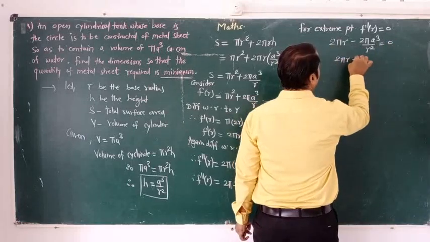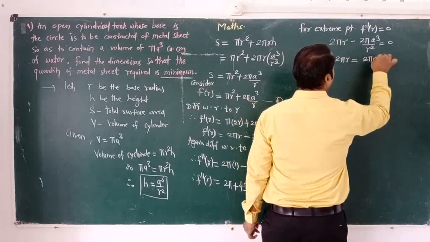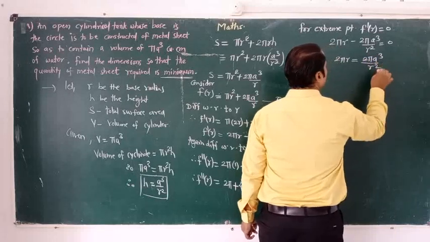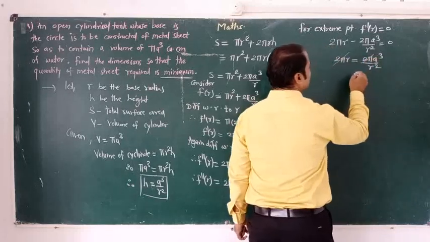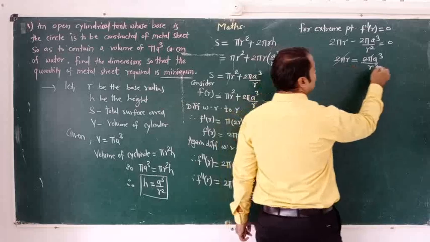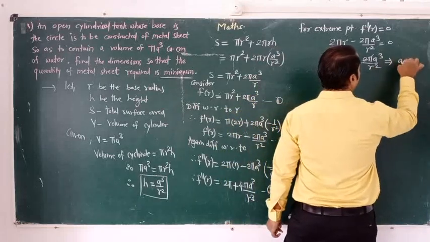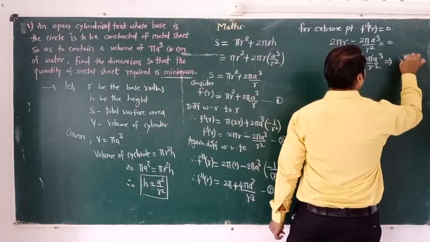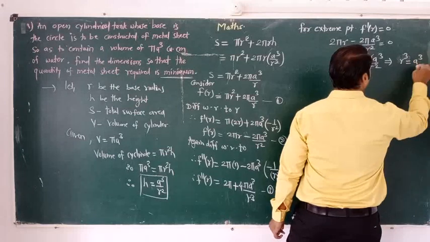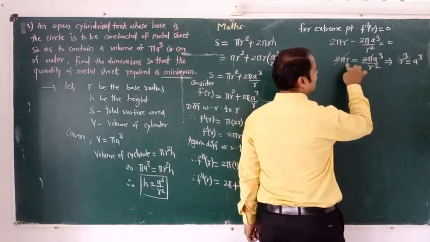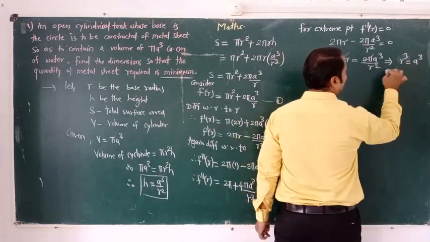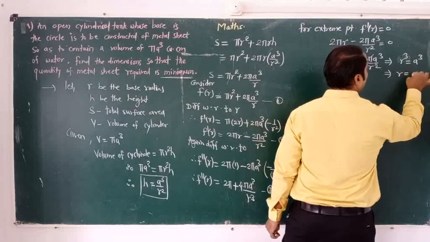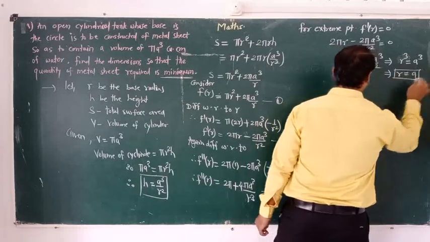This gives 2 pi R is equal to 2 pi a cube divided by R square. 2 pi gets cancelled. Take R square on the LHS. This implies R cube is equal to a cube. R into R square is R cube is equal to a cube. This implies R is equal to a. Here I get the value of R.